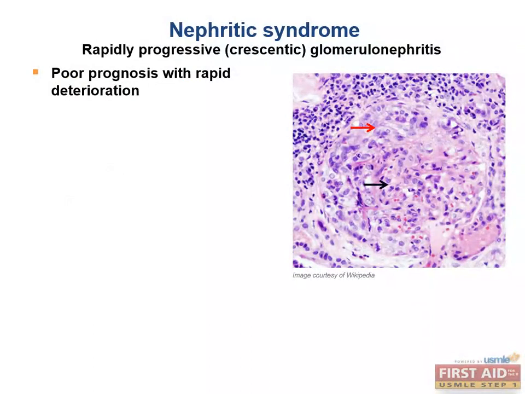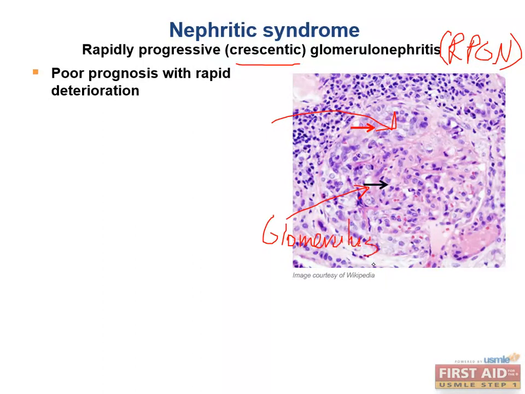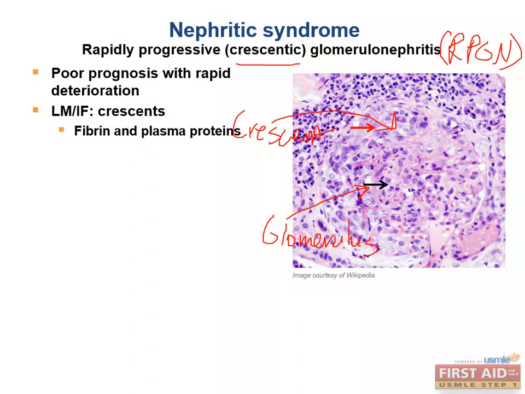Next is rapidly progressive glomerulonephritis, also known as RPGN. And it's sometimes called crescentic glomerulonephritis because crescents form around the glomeruli, as seen here. This black arrow is the glomerulus, and the red arrow is the crescent. Now, this is a very serious condition with a poor prognosis, where renal failure can develop in weeks or even days.